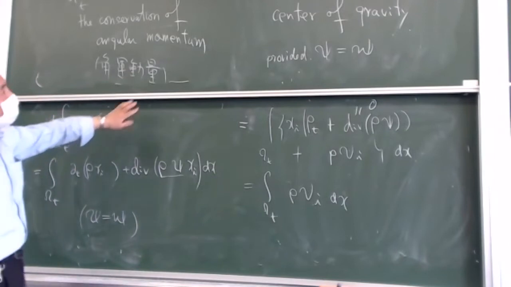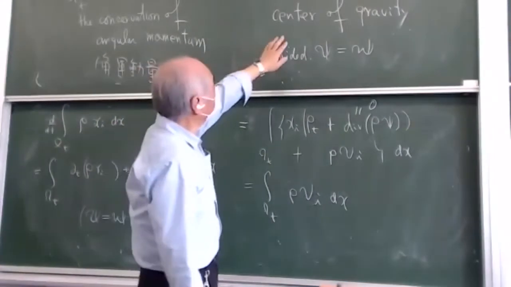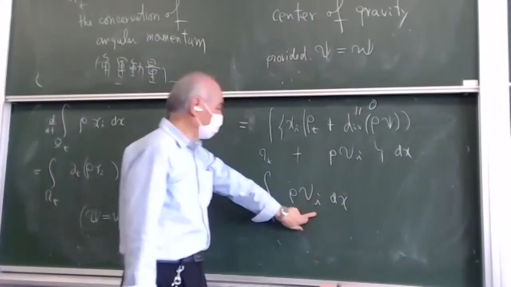That is the relationship between the center of gravity and momentum.